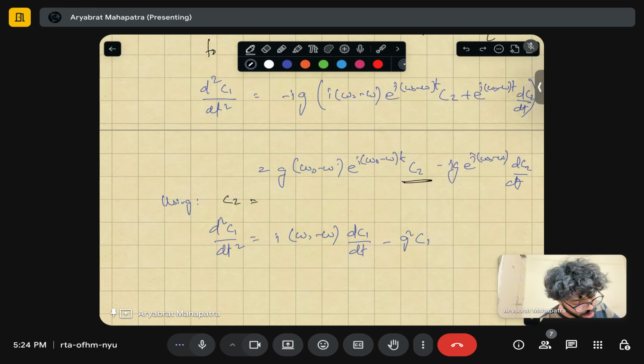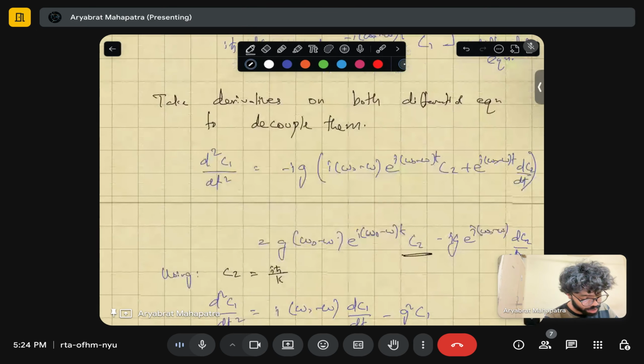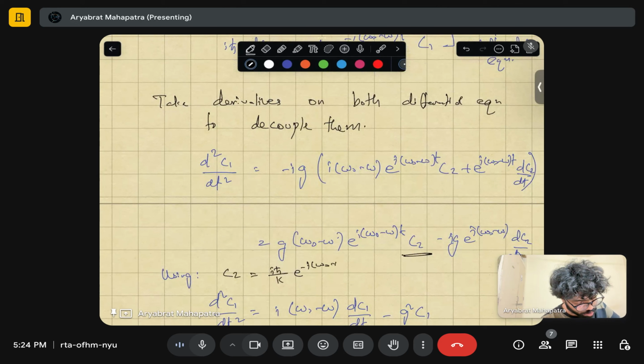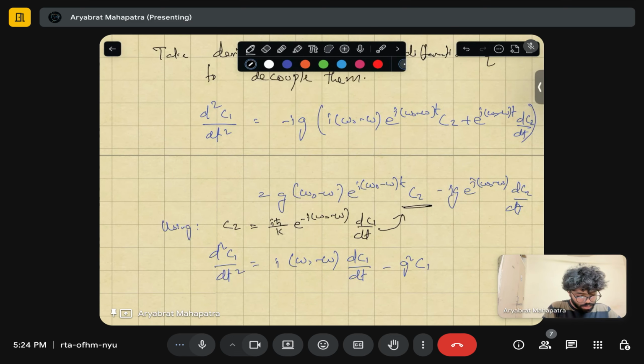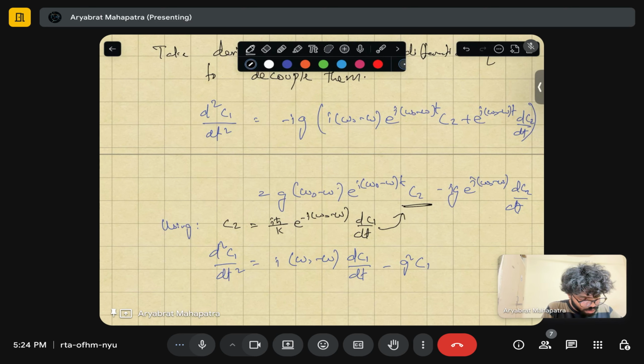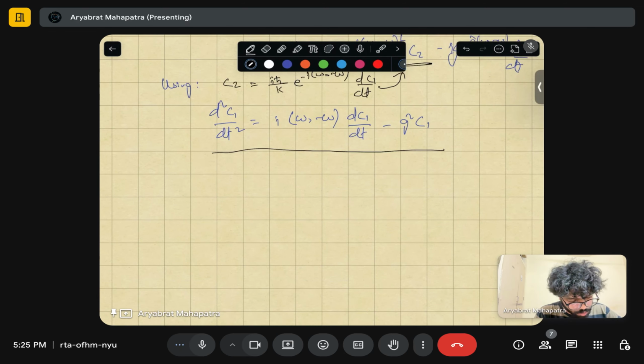So it is like i h bar by k exponential minus i omega naught minus omega dc1 by dt. If you use this over here, this is what you'll get. So then you can see you have decoupled your first differential equation, and the same way you have to decouple the other differential equation.